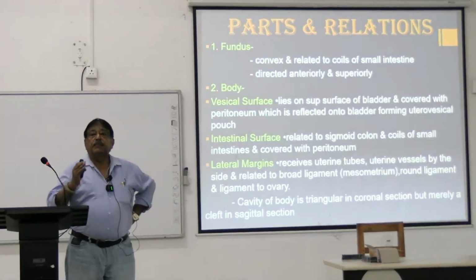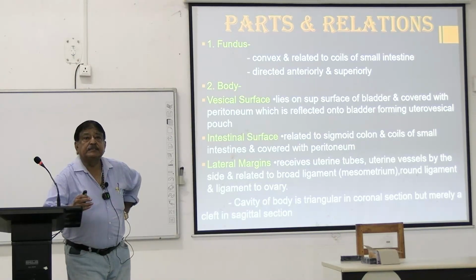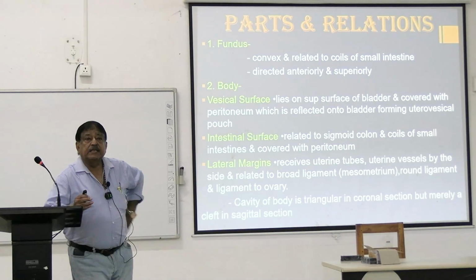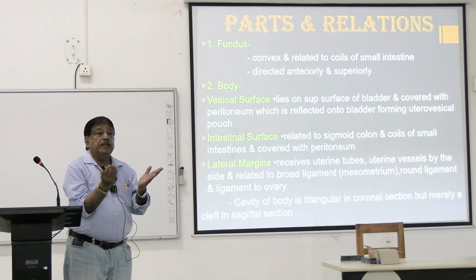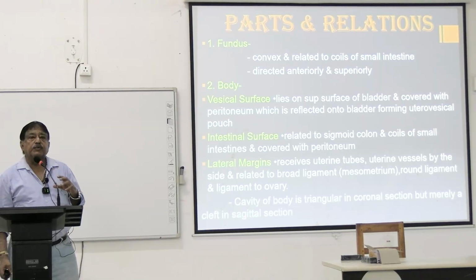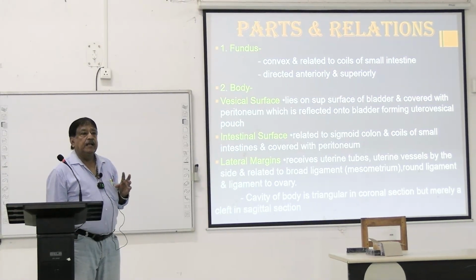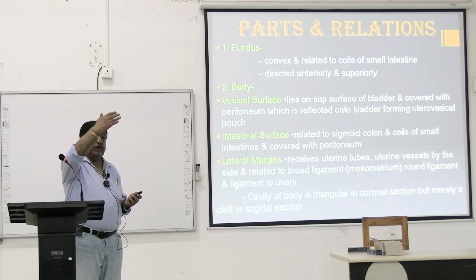If we have a specimen of the uterus in the dissection hall, you can see I have cut through it. You can see the cleft, as described, and when you go for practicals, please see the uterus in detail and its relations in that section.